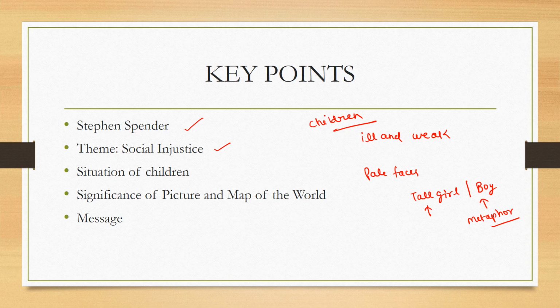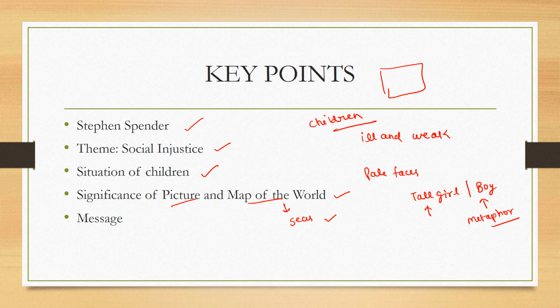Also, there is a picture of Shakespeare and a map of the world hung on the wall. The map shows all the seas and lands of the world. But do you think they have ever gone outside the streets of their area?